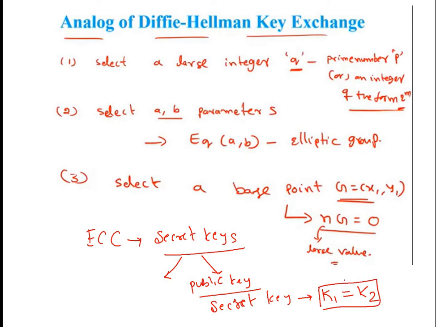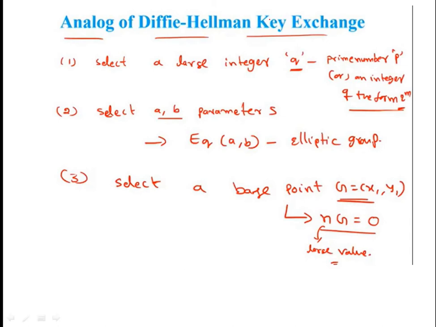So this concept we have already studied. Let us see what is the analog form of this Diffie-Hellman key exchange algorithm which we are using in elliptical curve cryptography. So the first step is we have to select a large integer that we call q. This q may be a prime number or it may be an integer of the form 2 to the power m.